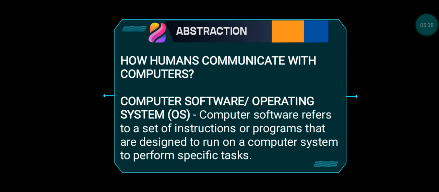It enables the computer to perform tasks like browsing the internet, playing games, or writing documents. For example, Microsoft Word is a word processing software which we use for creating and editing documents.